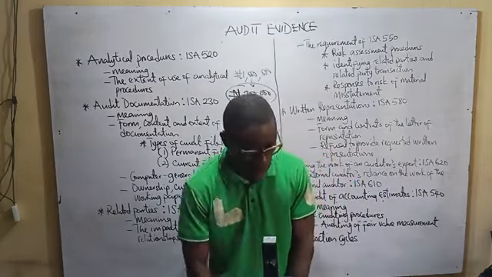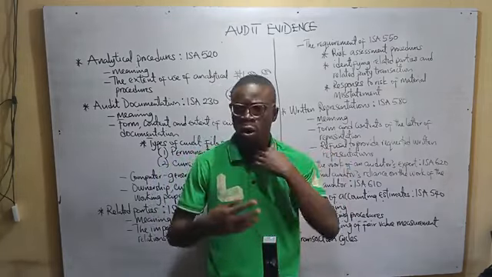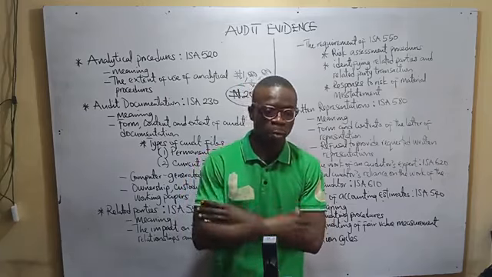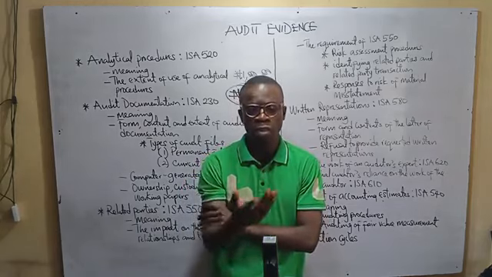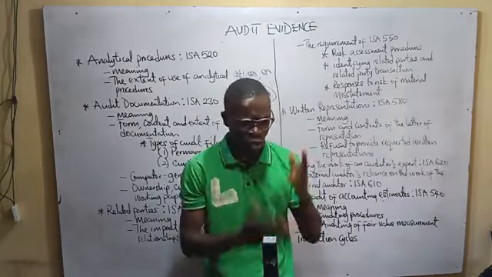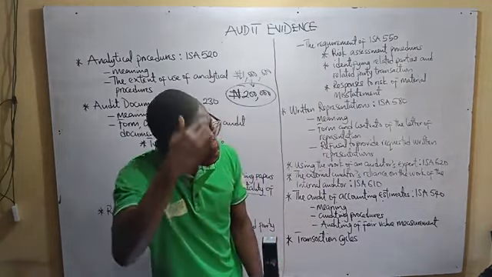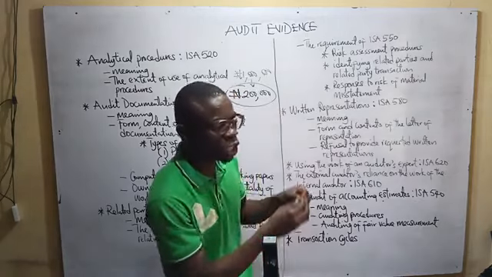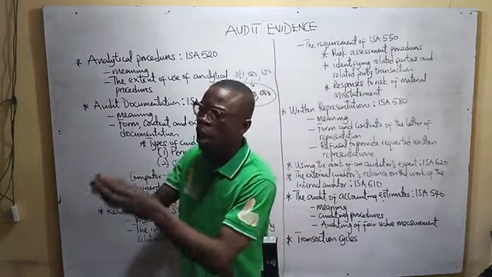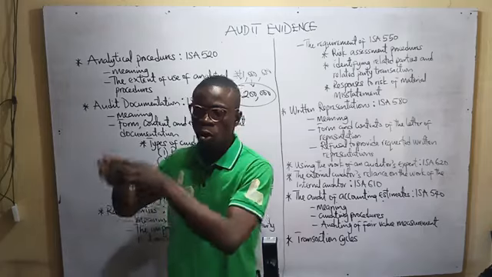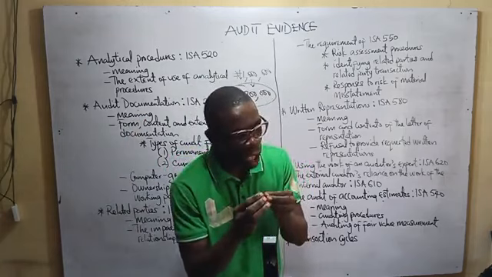Now, I discover that you are just changing the method at which you are preparing your PPE schedule, that means calculating your depreciation and your accumulated impairment. I discovered that it is not well understood. I will now write to you that you should state which method you are using for your depreciation, and why you are changing your method of calculating depreciation yearly.